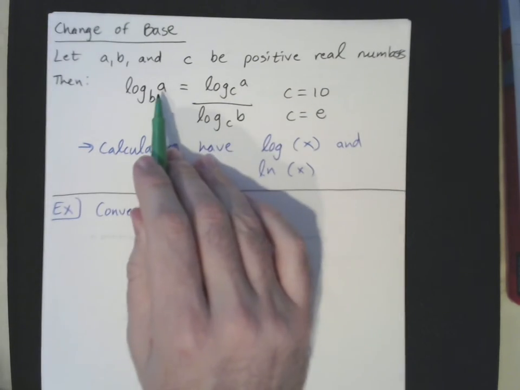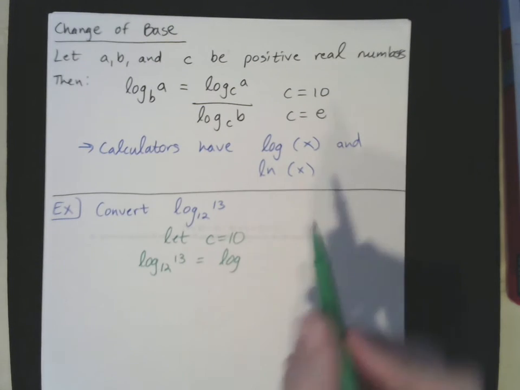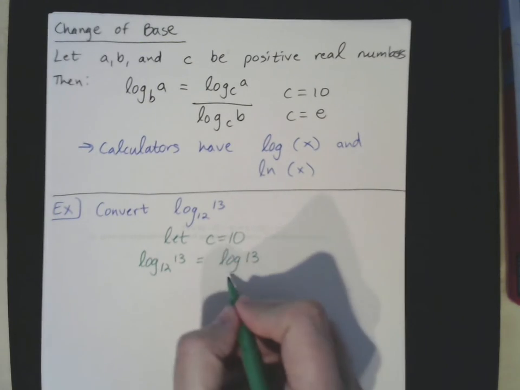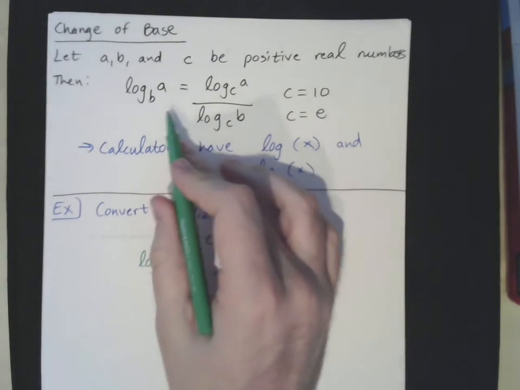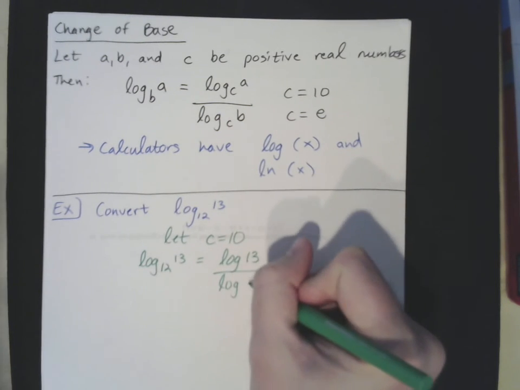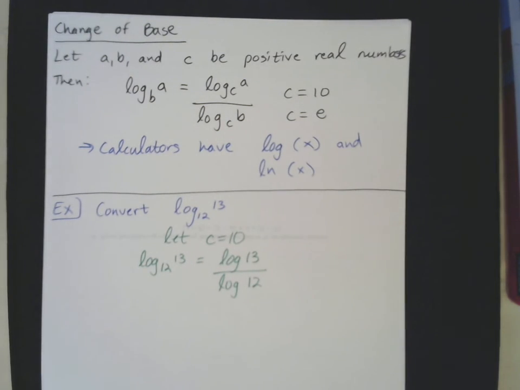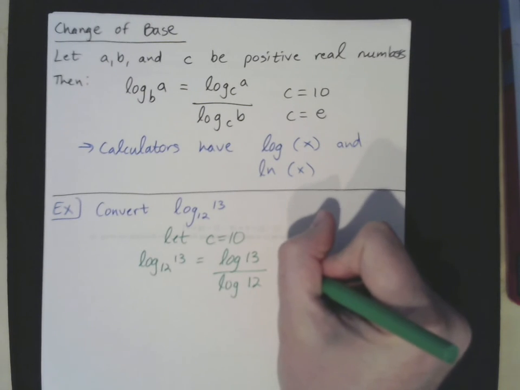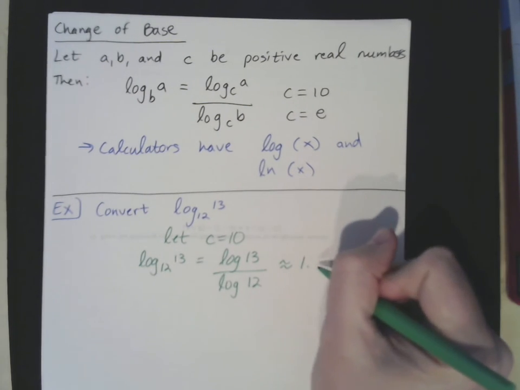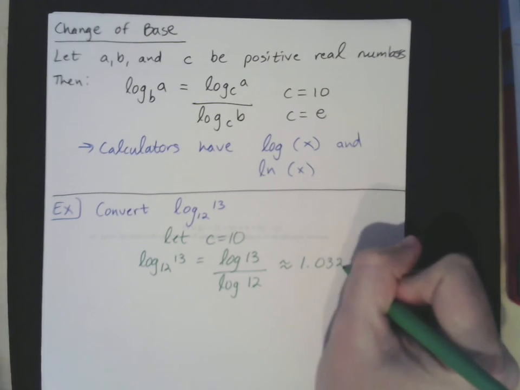So we take the argument, and that goes on top. So the 13, log 13. And then we take our old base, and that goes on the bottom. So this is log 12. And if you punch this into your calculator, because you have log base 10 buttons, this is right around 1.0322.